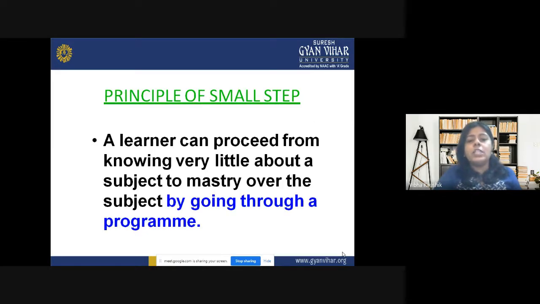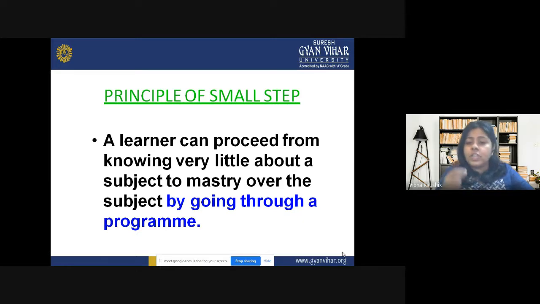The first one is the principle of small step. A learner can proceed from knowing very little about a subject to mastery over the subject by going through a program. Now, what we are saying is that when the teacher is teaching the students with the linear program, the whole amount of information will not be shared by the teacher.